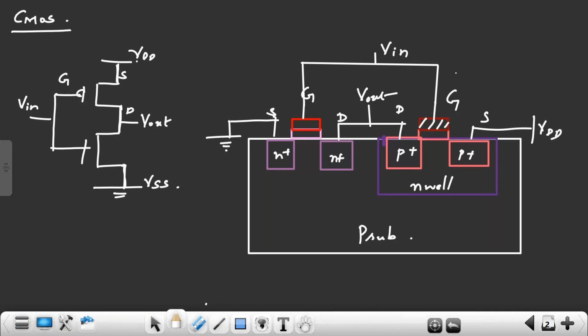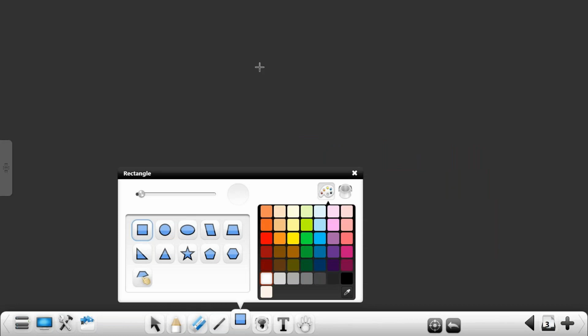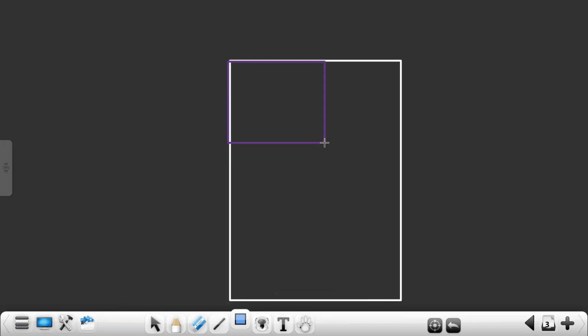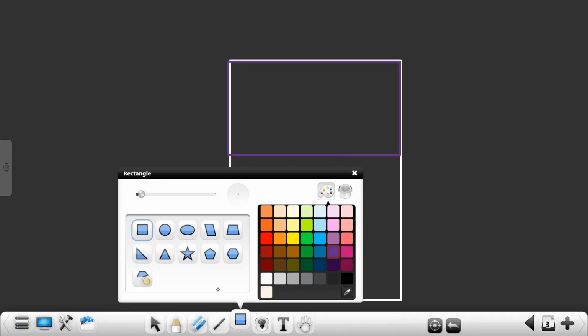If you draw the layout, layout is nothing but a two-dimensional top view. What we see from the top view is called layout. For this CMOS, the layout will be like this. This is your P substrate totally. In the P substrate, you are going to form the N well.